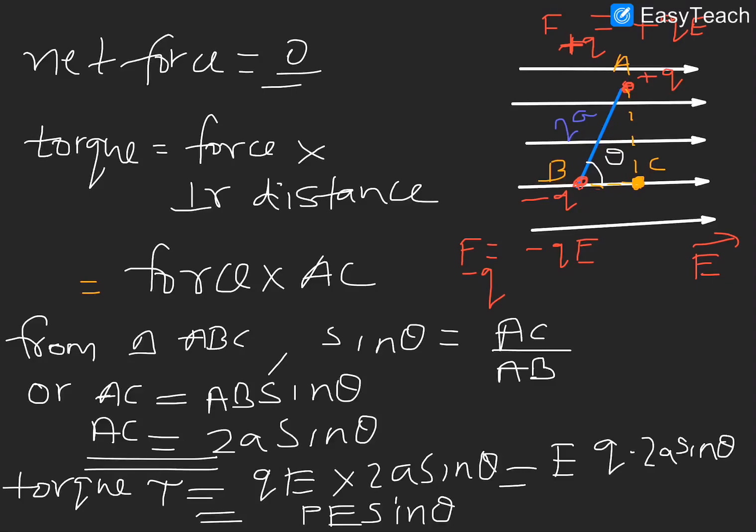Now PE sin theta means, you know about cross product, P cross E. This is the torque, because A cross B is equal to AB sin theta, so PE sin theta is equal to P cross E. So the torque acting on this dipole is P cross E. It is not equal to 0.